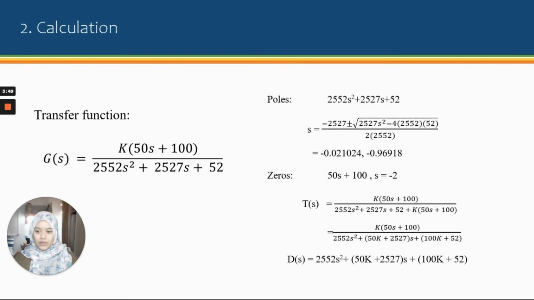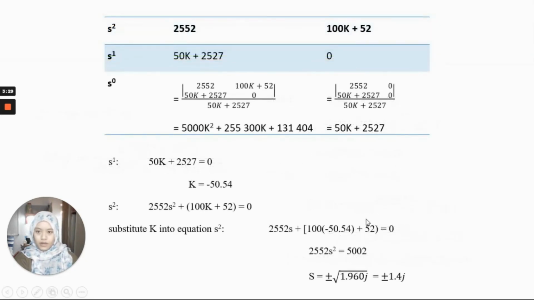The next task is we need to do the calculation based on the transfer function. Then we calculate the poles, which are negative 0.02104 and negative 0.96918, and we calculate the zeros. Then we make a table of s squared, s power of 1 and s power of 0.